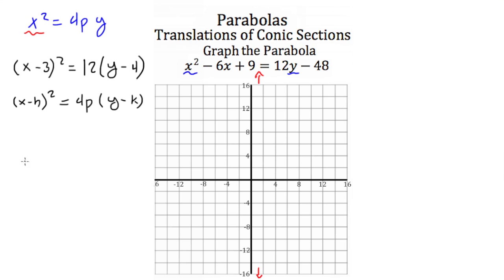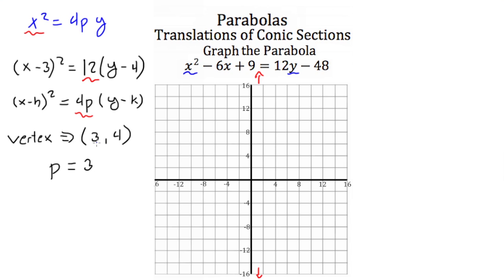And that tells us right away that our vertex, that's the point 3, 4. Now that also means that this 12 here is our 4p, which means p is equal to 3. So that tells us that our focus and our directrix is 3 units away from our vertex.